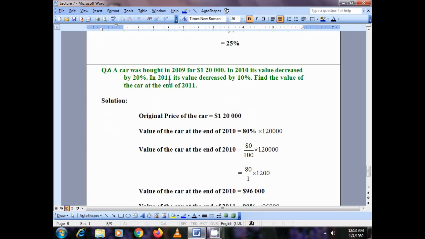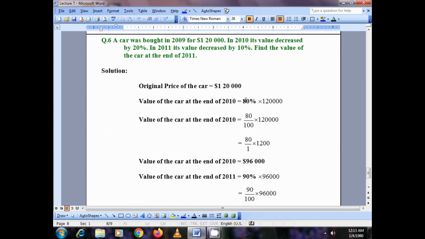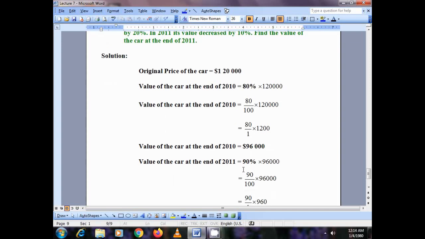Now since we know that the value in 2011 decreases by 10%, it means that we will subtract this 10% from 100. So the remaining quantity will be 90%. It means that the value of the car at the end of 2011 is 90% multiplied by the value of the car at the end of 2010, which is $96,000.